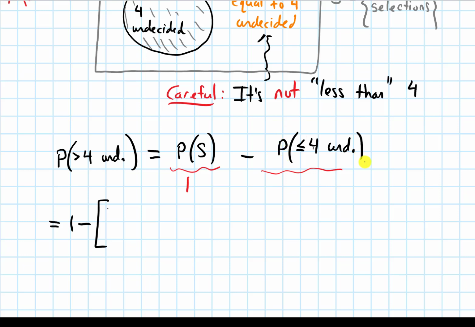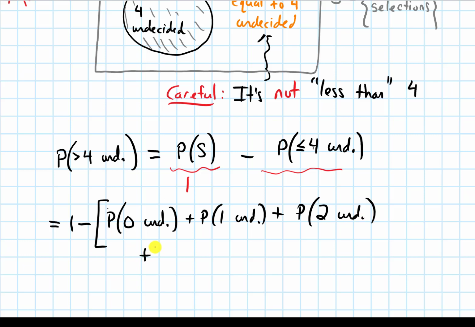Let's write them out. So we would have the probability of 0 undecided voters plus the probability of 1 undecided voter plus the probability of 2 undecided voters plus the probability of 3 undecided voters plus the probability of 4 undecided voters.